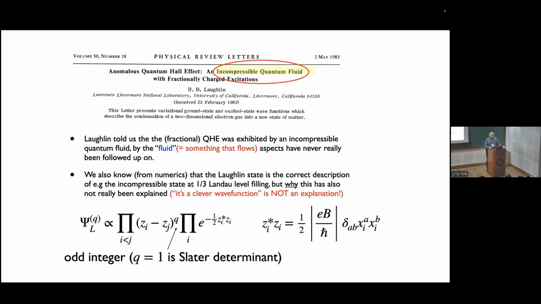The other thing is, Laughlin actually told us the quantum Hall effect was an incompressible quantum fluid. But the notion that it's a fluid has not really been properly addressed either.